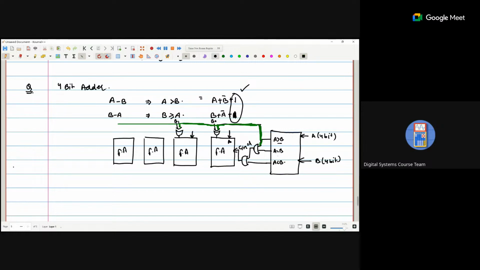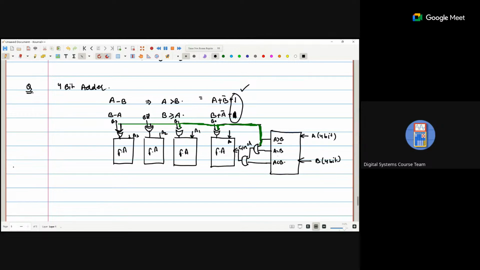So we have A1, we have A2, this is B2, and this one. Then A3, B3, and this one.